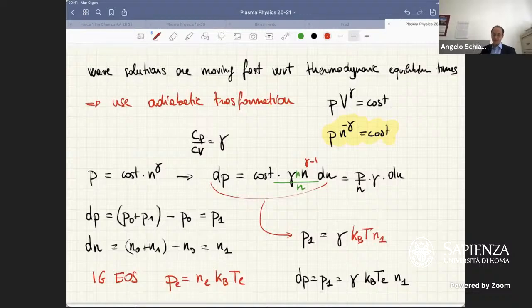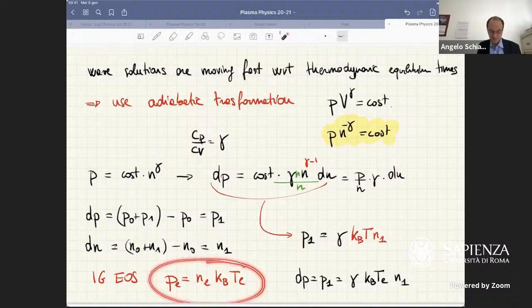So I mixed things up a little bit, but the important thing is that we're using an adiabatic transformation. We use the ideal gas equation of state that links the pressure to the density and to the temperature. And finally, we found a relation between the perturbation of the pressure and the perturbation of the density and the temperature of the electrons.